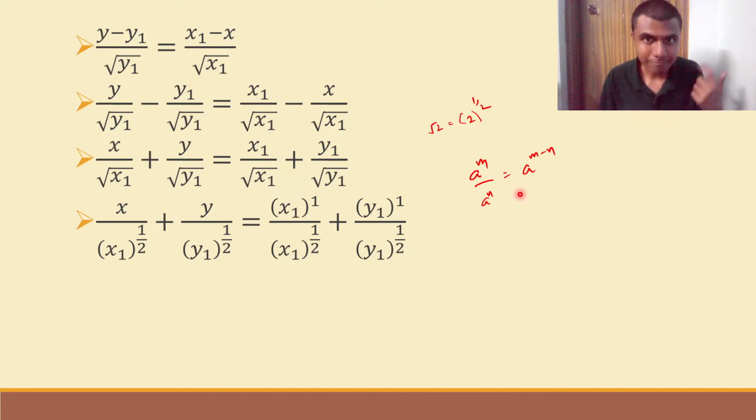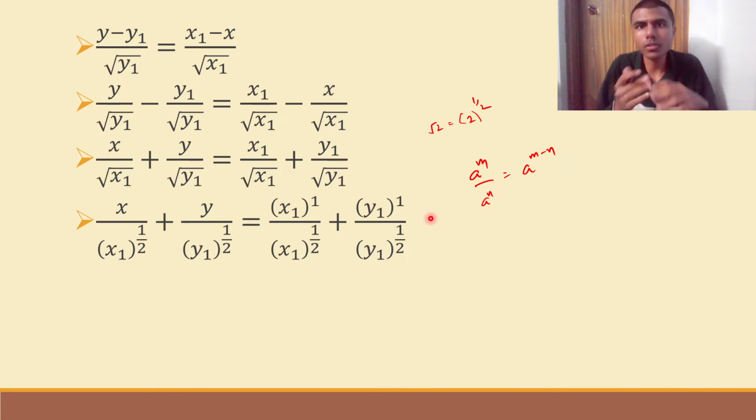So in the next step, this would be x1 to the power 1 minus 1 by 2. Likewise, y1 to the power 1 by y1 to the power 1 by 2 is y1 to the power 1 minus 1 by 2. So that's what you would be seeing. Now let's come to the LHS. The RHS, I told you what is going to happen.